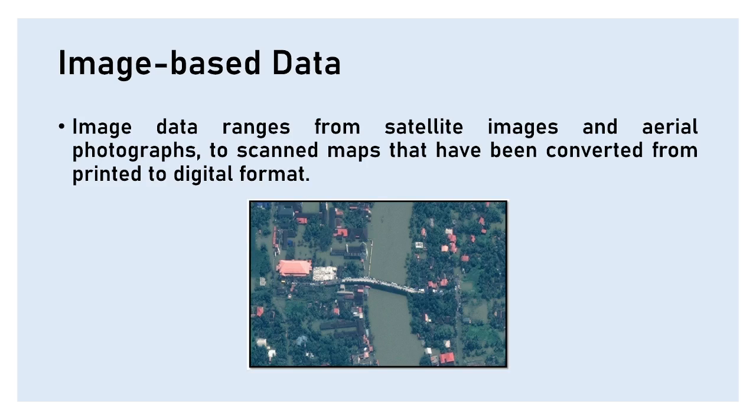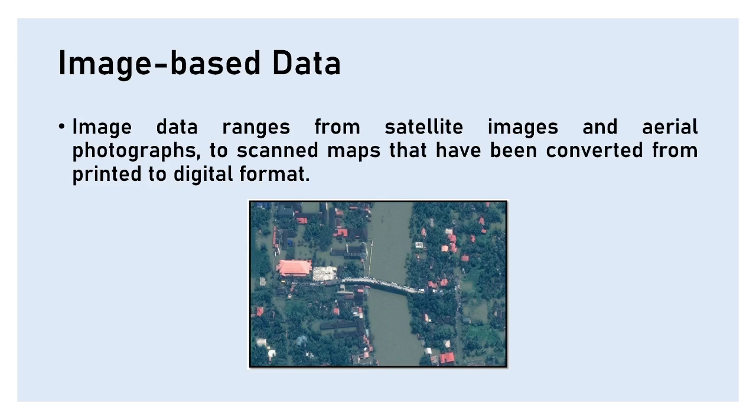For example, if you have an image of your area, it might be just a photograph, an aerial photograph. If you want to georeference it and know its exact position with respect to latitude and longitude, you can upload that image in GIS software and mark the ground control points.